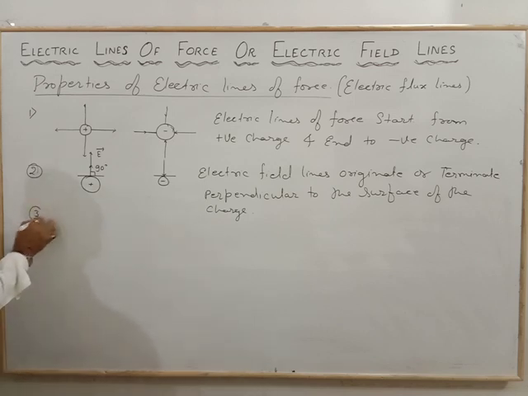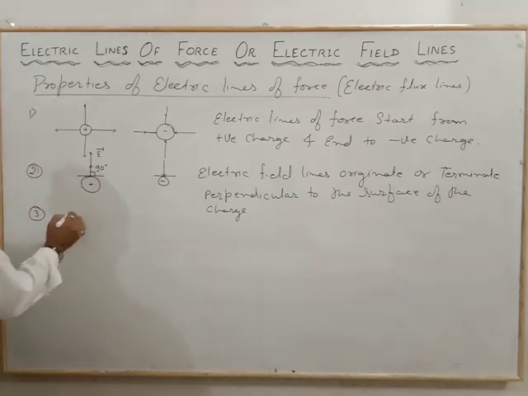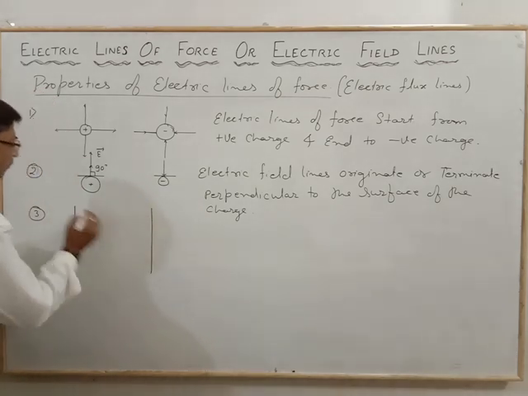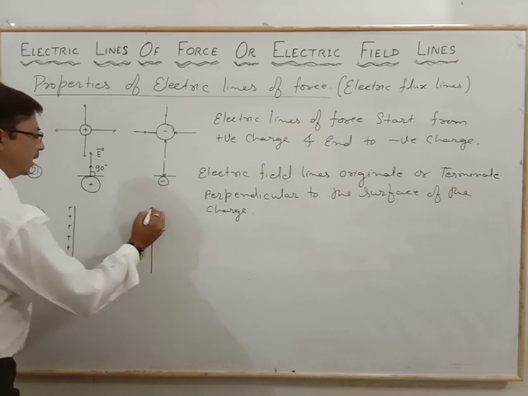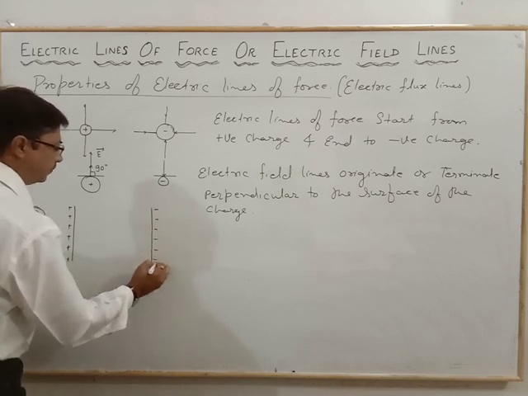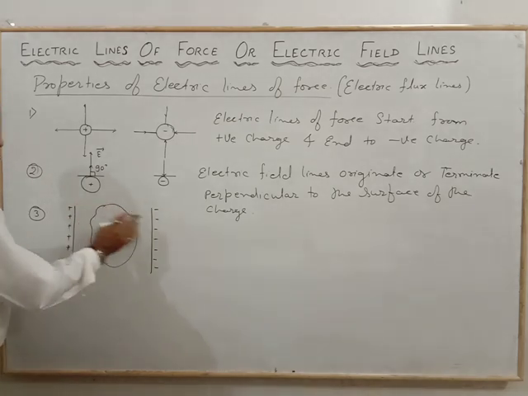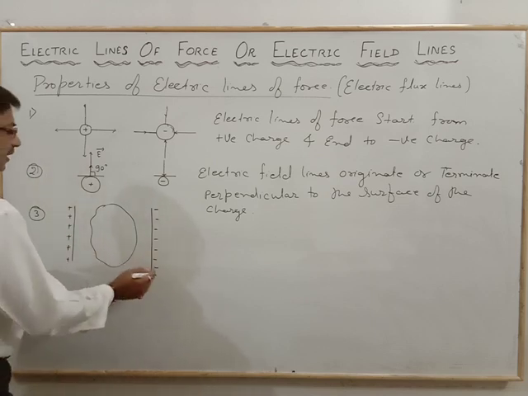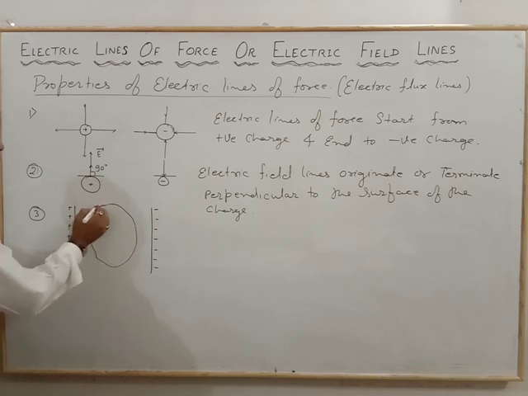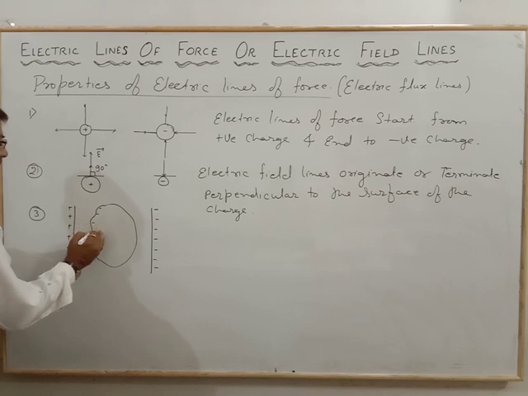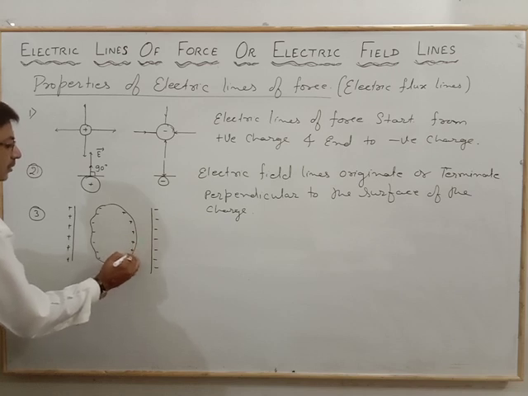Third point, the electric field lines will not move through the conductor. Suppose here is a plate of positive charge and a plate of negative charge, and a conductor is placed in between them. In that case, whatever charge is in the conductor comes to its surface.